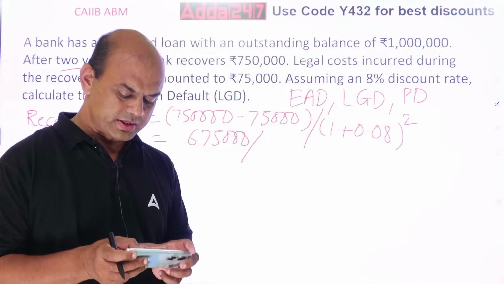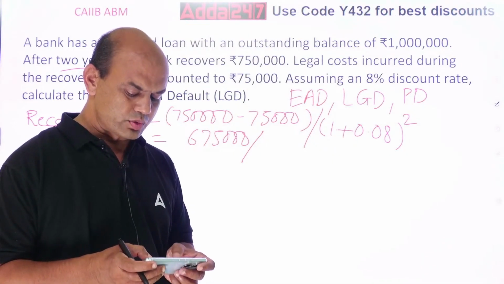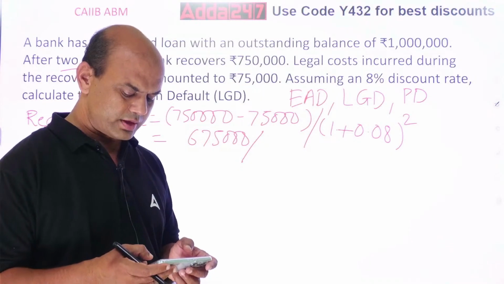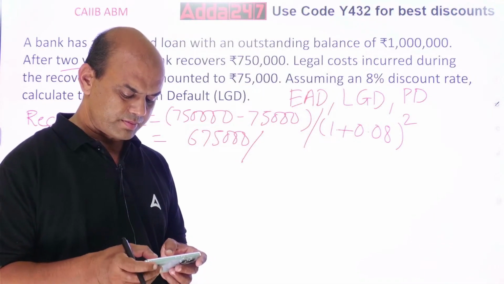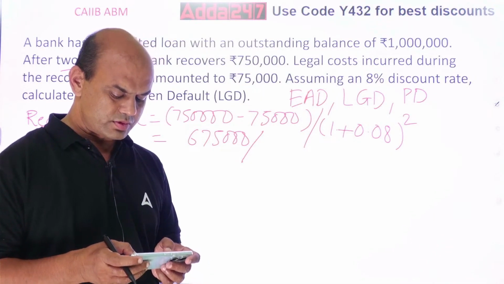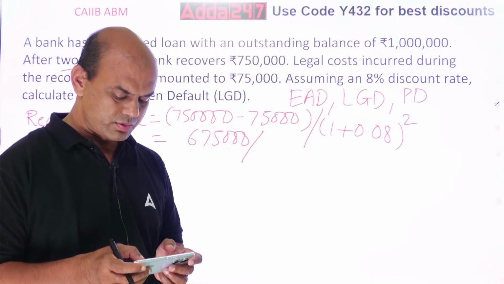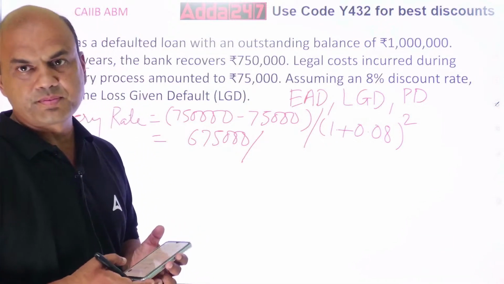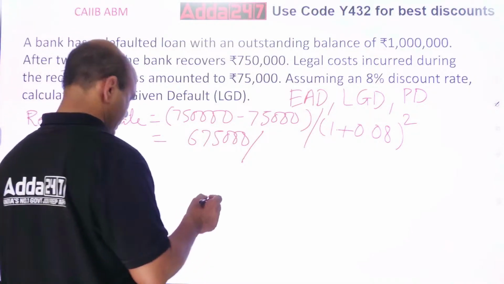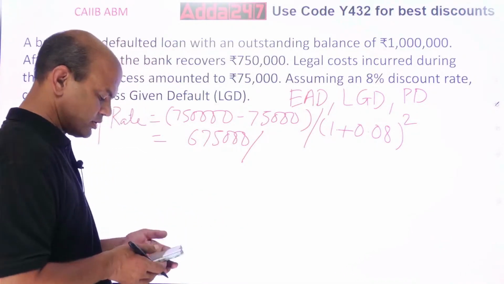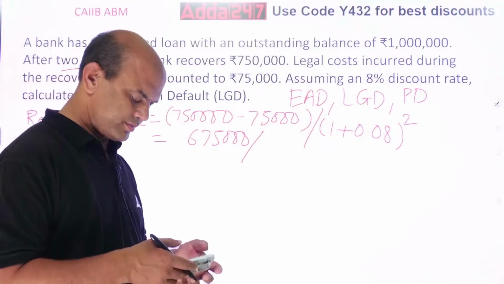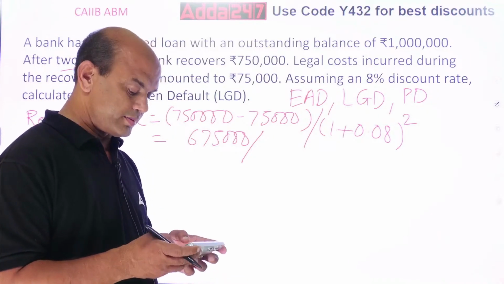So 1.08 raised to 2, square. Oh, I have done cube. Wrong. One sec. See, always be very careful.